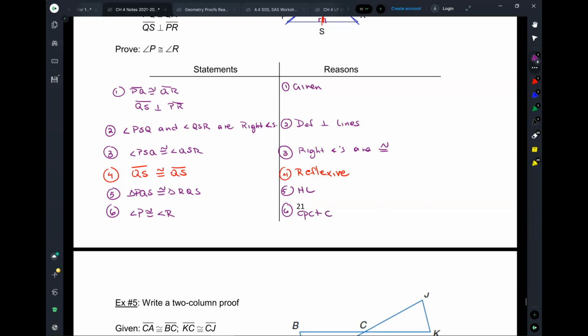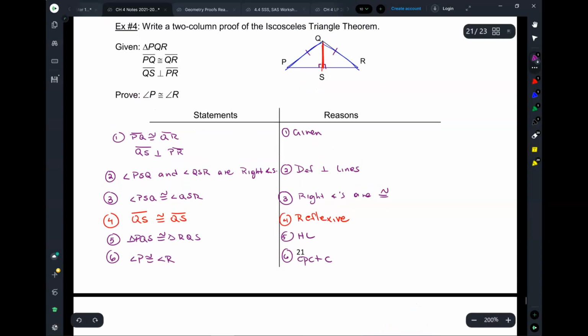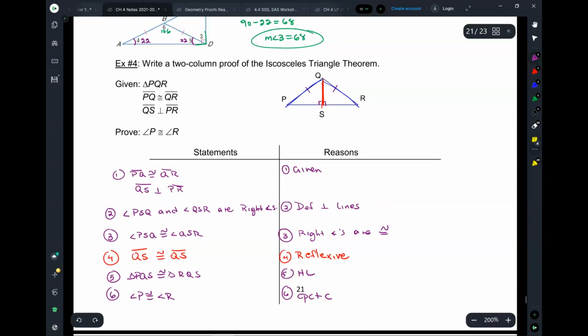Okay? All right. But look at what this is saying. It says to write a two-column proof of the isosceles triangle theorem. So we're proving the triangle theorem, so we can't use it.